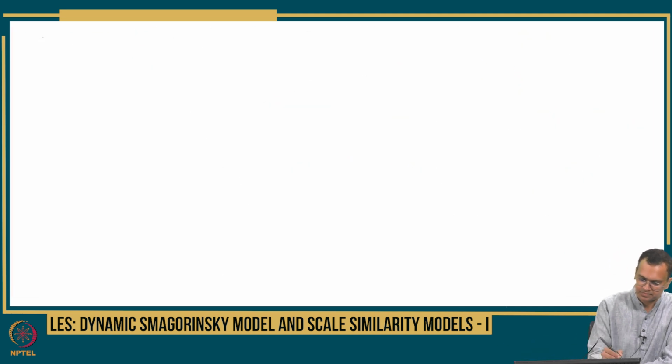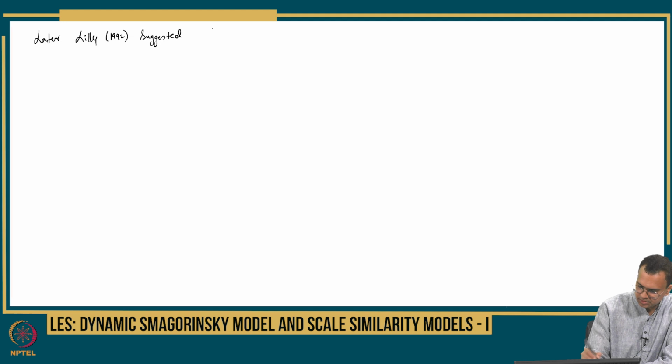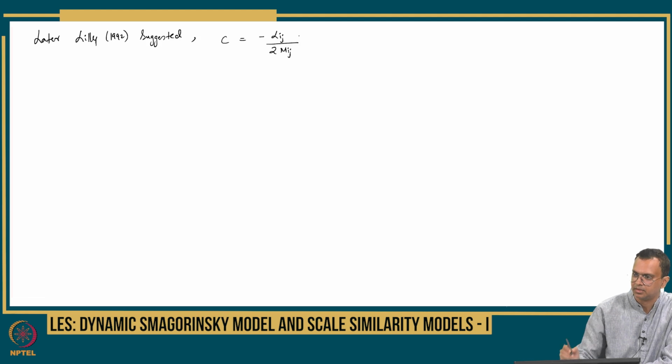So later, Lilly suggested in 1992 that C be set as minus Lij by 2 Mij. So basically that 1/3 Lkk delta ij was dropped.